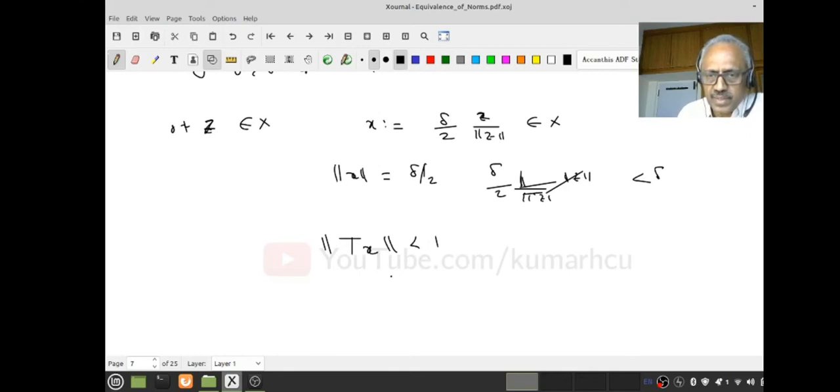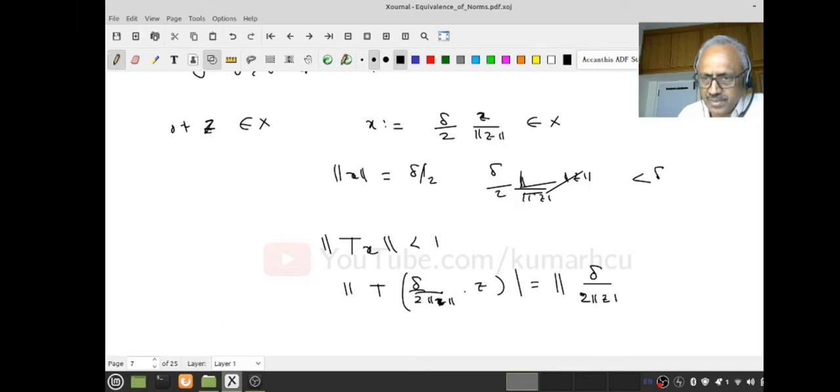But now T is linear. Therefore T of delta by 2 norm z into z, where x is this. Now this is a scalar, T is linear, that comes out. Therefore this is delta by 2 norm z into T of z.